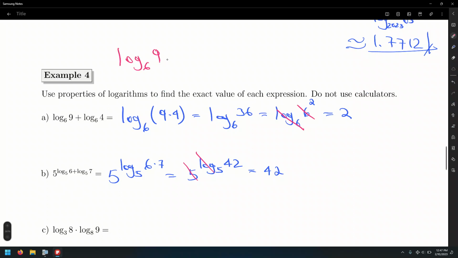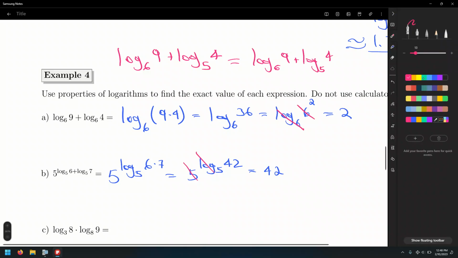So, for example, if we had something like log base 6 of 9 plus log base 5 of 4, these two logarithms cannot be combined. This will be equal to itself, log base 6 of 9 plus log base 5 of 4.